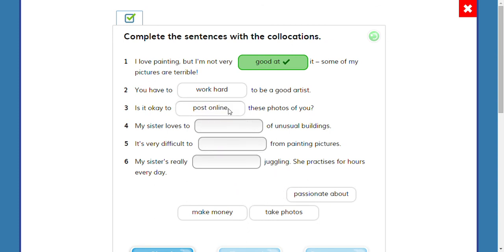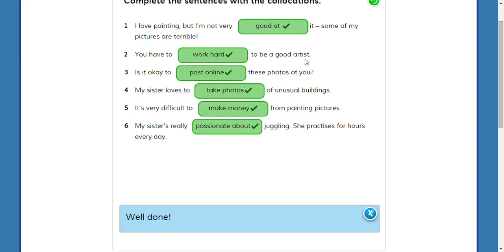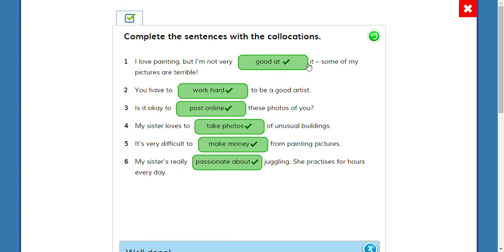My sister loves to take photos of unusual buildings. It is very difficult to make money from painting pictures. My sister's really passionate about it. Okay, that is the activity.